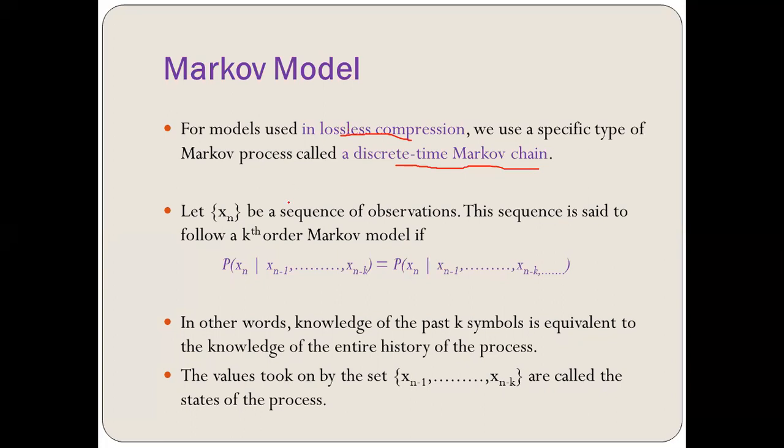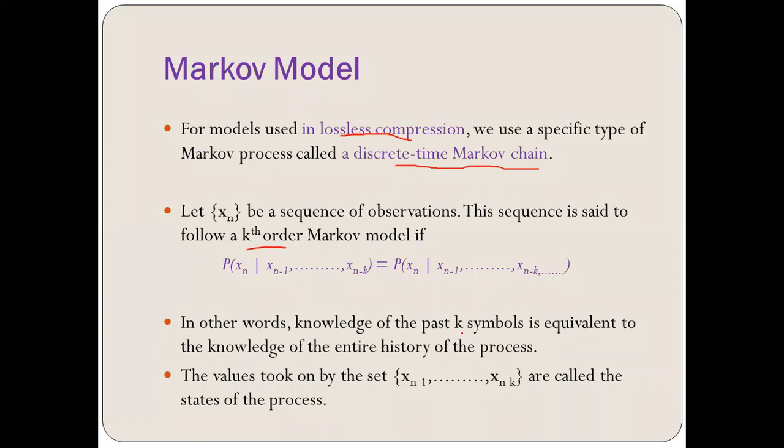Now, what does it say? Let x_n be a sequence of observations. This sequence is said to have a kth order Markov model if P(x_n | x_{n-1}, ..., x_{n-k}) = P(x_n | x_{n-1}, ..., x_{n-k}, ...). What does this represent?